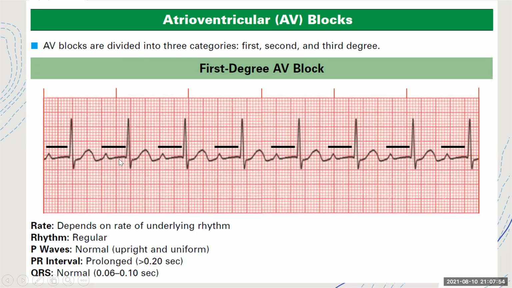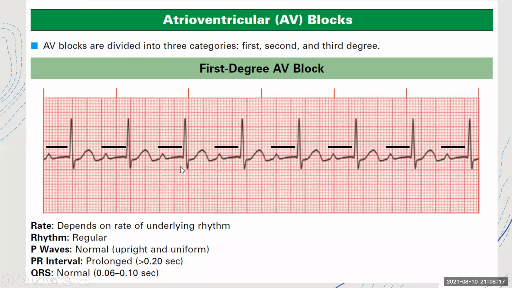But still, if I compare this one to the other beat, it is the same. Then compared to this one, it is the same. So of course the PR interval is increased, but it is following a regular pattern. It means if the PR interval is increased here, then it's also increased here, then also increased here. The same increased pattern is followed. So prolonged but the same PR interval.